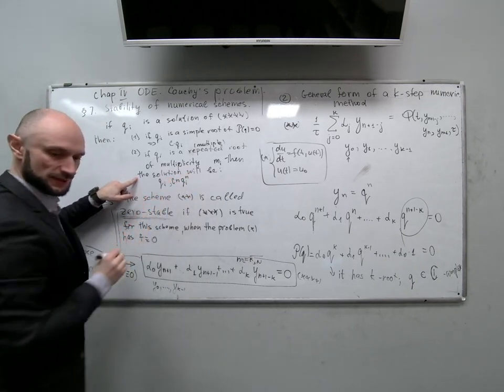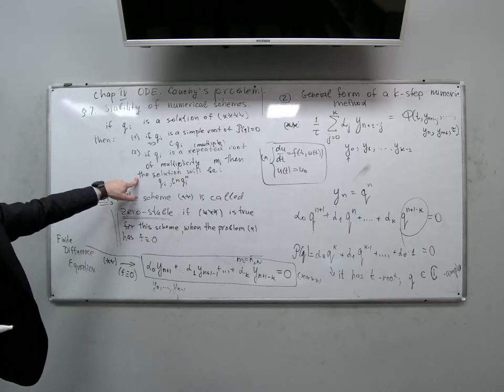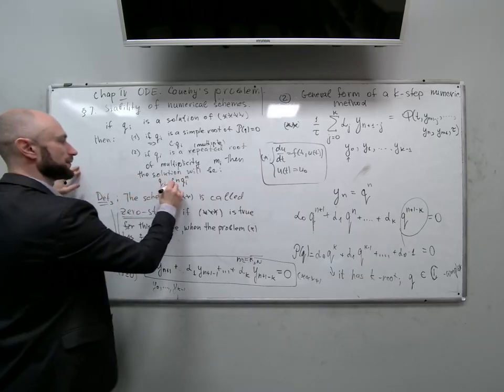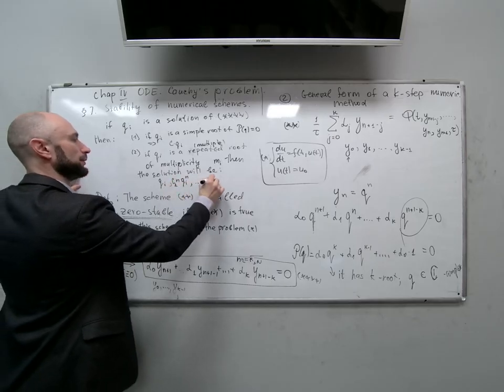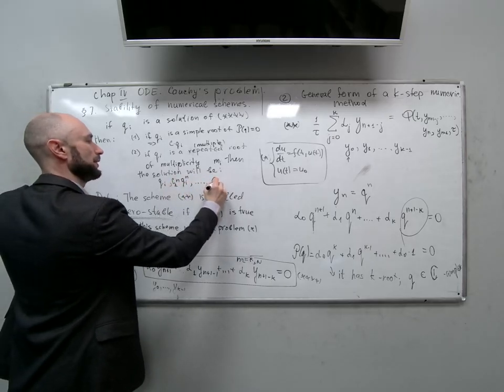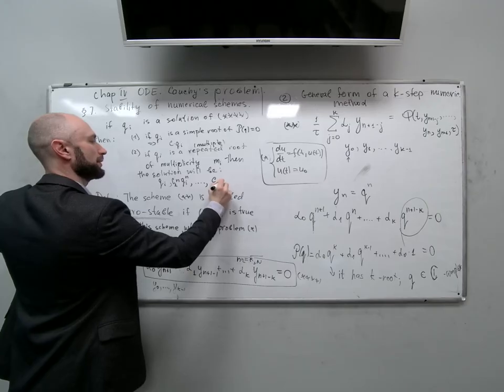Here I need a constant c, which goes from 1 to m_i minus 1.